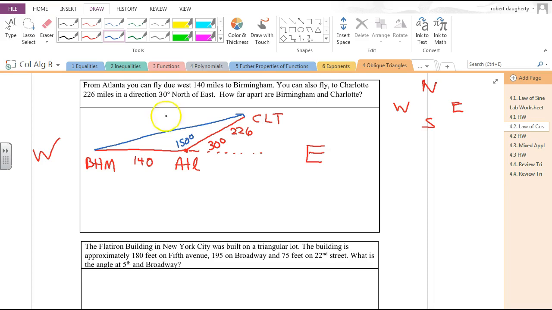Now, what am I solving for? This side right here. According to the law of cosines, this side squared is going to be equal to 140 squared plus 226 squared minus 2 times 140 times 226 times the cosine of 150.